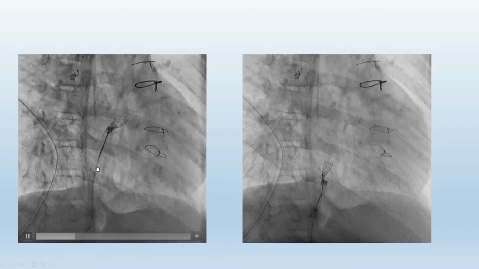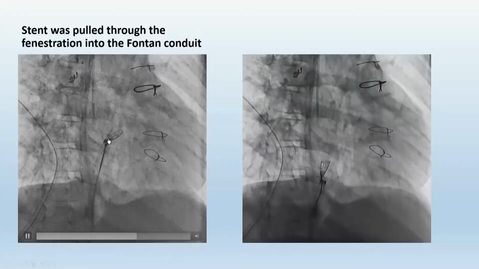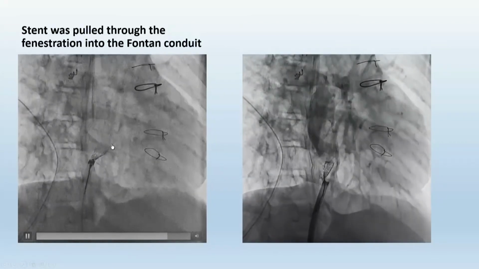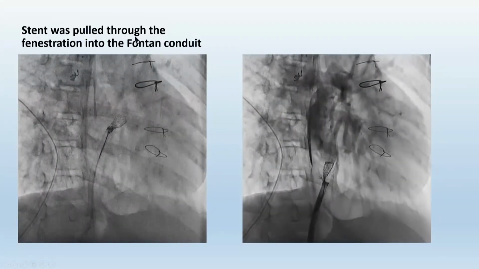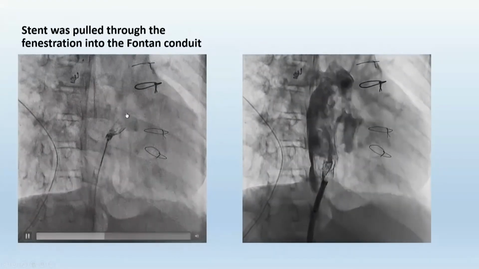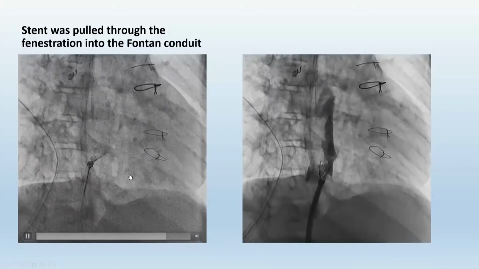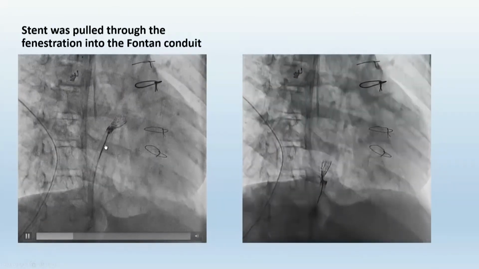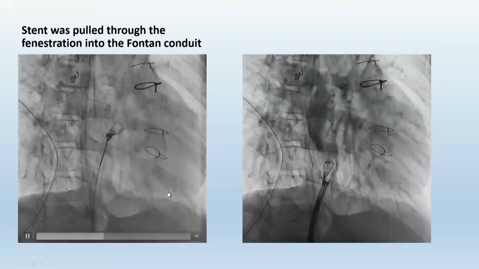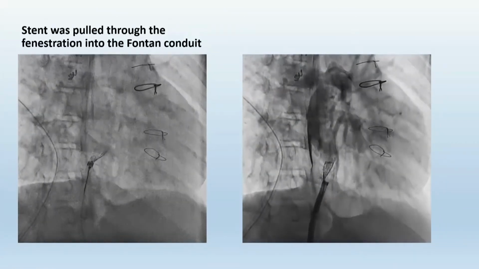So this time, yes, you have the stent open, and then you try to pull, and now the stent is already half, only the proximal part, into the sheath. But my senior fellow now pulled out the sheath, and accidentally it crossed into the fenestration and into the Fontan circuit.